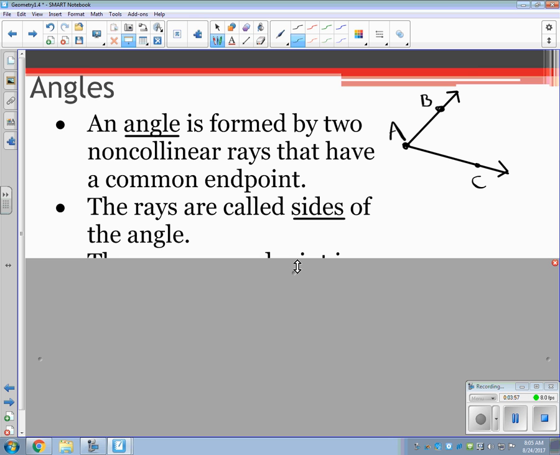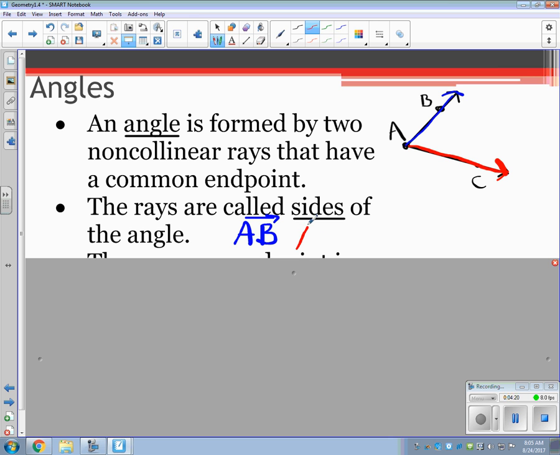Some things that I'd like you to identify. The rays are called the sides of the angle. So all angles will have two sides. This one, I've got AC. And then I've also got AB. So naming those, endpoint first, so ray AB is one side.